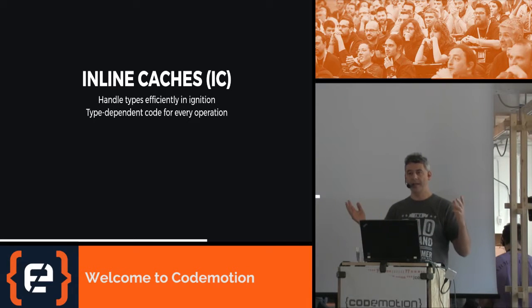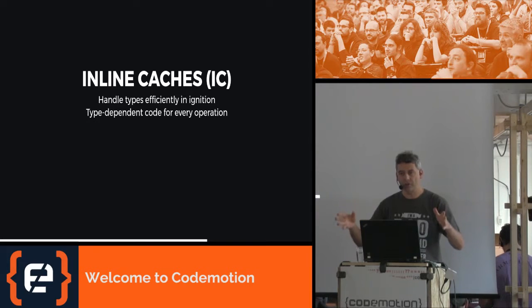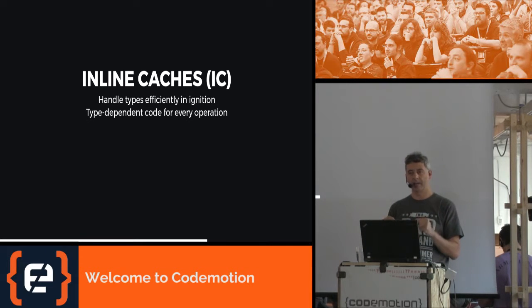The general way is I don't have a clue how this object is done. I invoke a function that looks at the object and tries to get the property out. Tons of machine instructions to do it. Now, if you know beforehand the shape of the object, the hidden class, then the proper operation is blatant, is fast. It's just address, offsets, get it. But you need to know it.